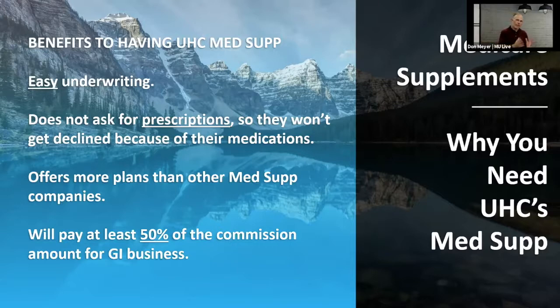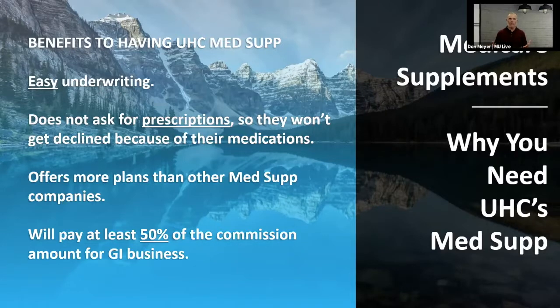Then there's a second category called guaranteed issue. Guaranteed issue is a different situation. Let's suppose that I have a Medicare Advantage plan and I live in Illinois and I'm going to move to Florida. Well, I can't keep that Medicare Advantage plan, but maybe I want to buy a Medicare supplement.